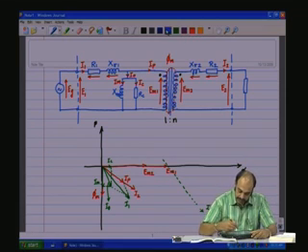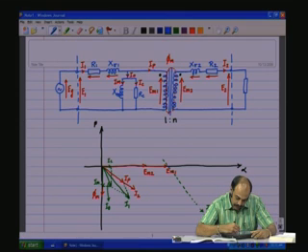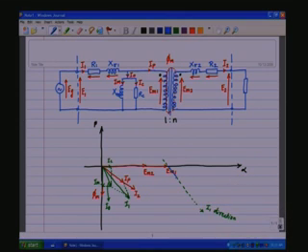So, along this I1 direction, we have a voltage which is I1 R1, and 90 degrees rotated, which is j omega L sigma1 into I1.